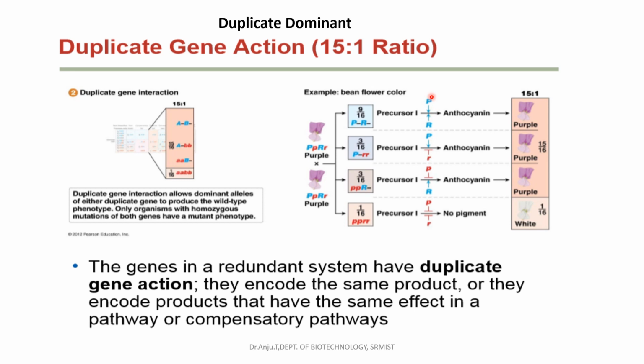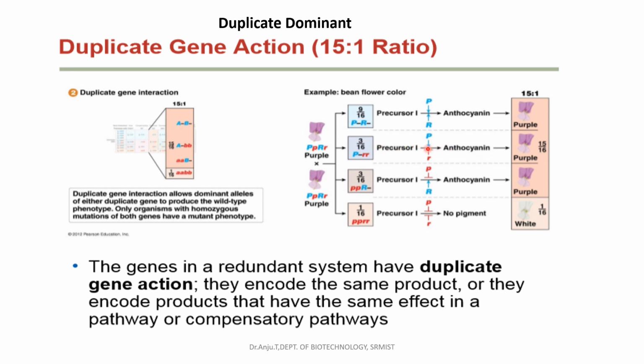So here when P is present in the dominant form, it can produce the product. The other gene also has the same pathway, so it will also produce the product. If the dominant allele of either of the genes is present, then the product will be formed.